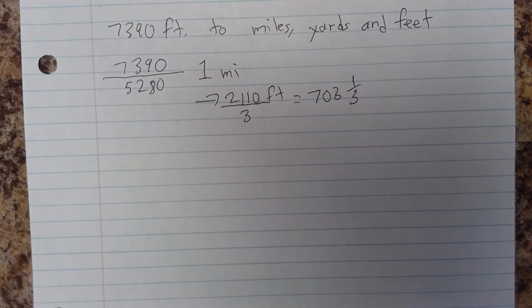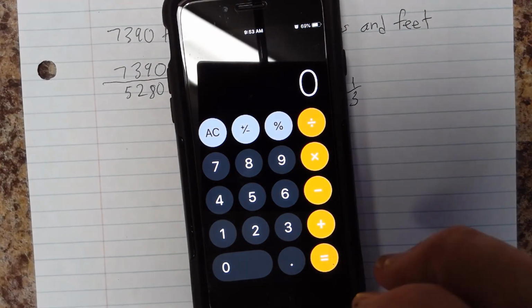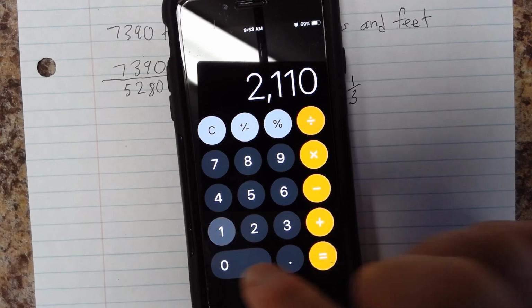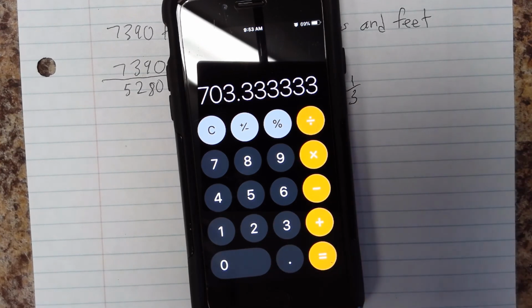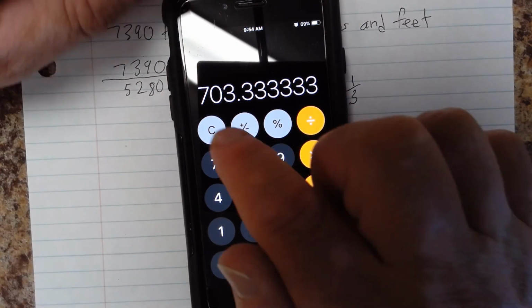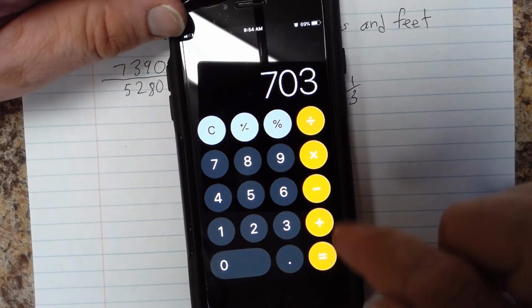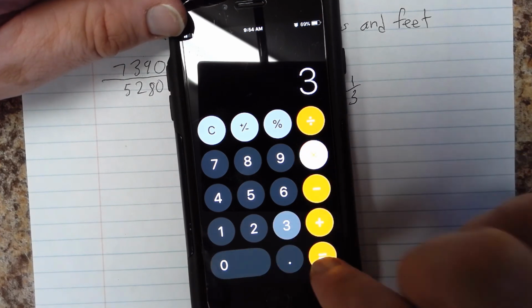Right? I just want to quickly show what I did. 2,110 divided by 3 got me to 703.33333333. Okay, so I know that there are 703 yards here. So I want to do 703 times 3.